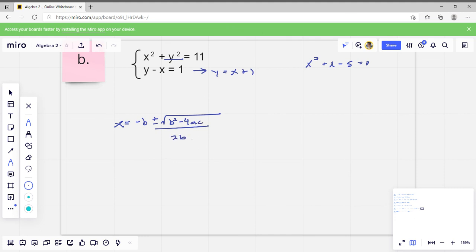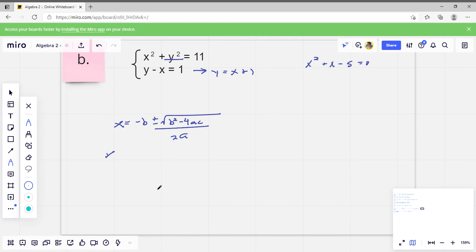Let me look back and make sure that's right. Okay, so we got negative b plus or minus the square root of b squared minus 4ac over 2a. Ah, that needs to be an a. Only messed up one letter. There we go. All right, so now we can start subbing in these values.